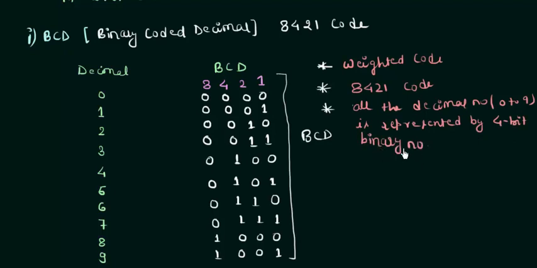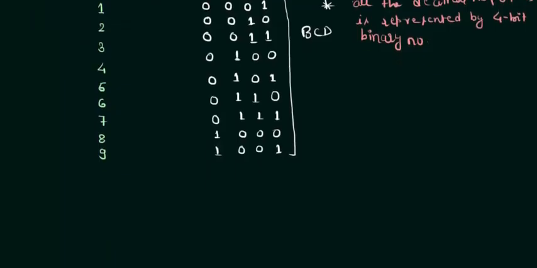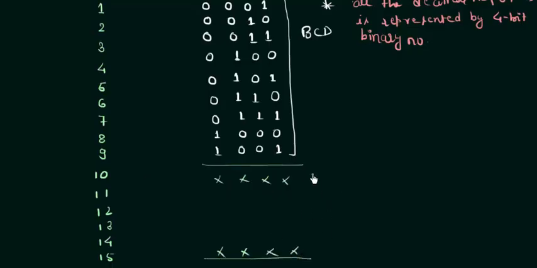Now there is one more thing we have to see: what happens for the other combinations, like 10, 11, 12, 13, 14 and 15. As there are 4 bits involved, by using these 4 bits we can represent 0 to 15. So in these cases, these are considered don't care cases, or you can write them as invalid.